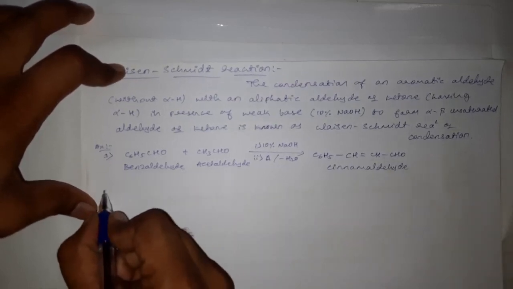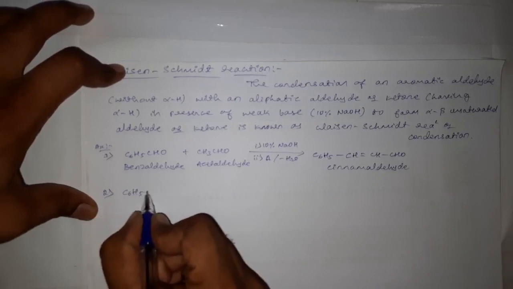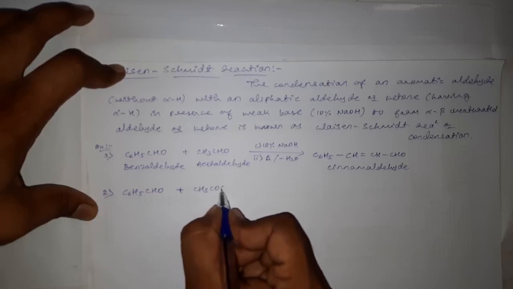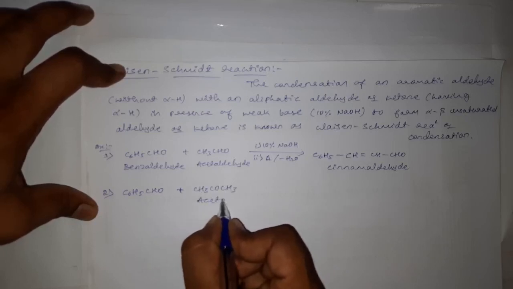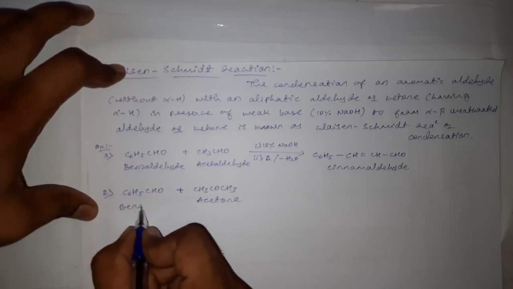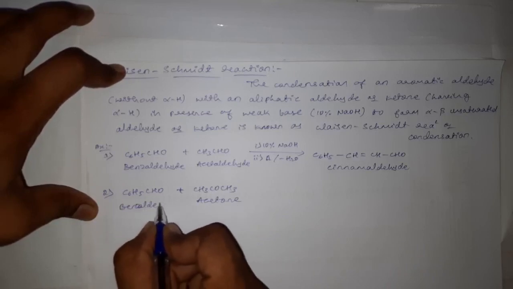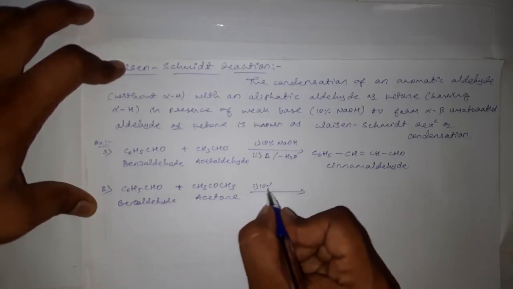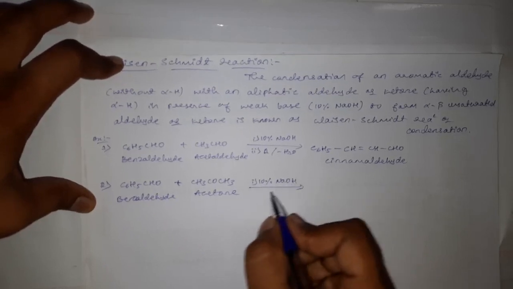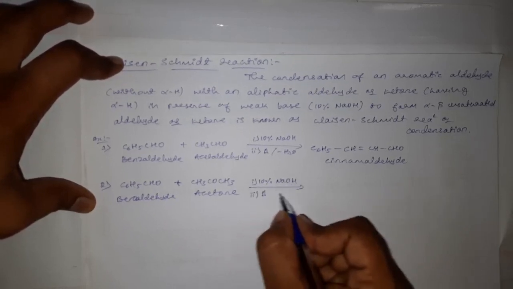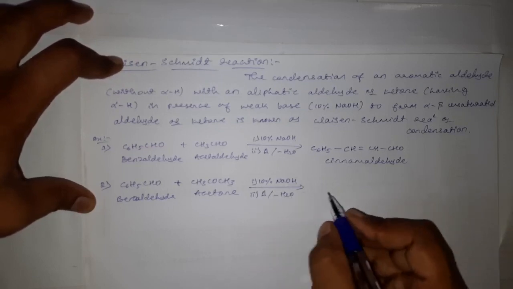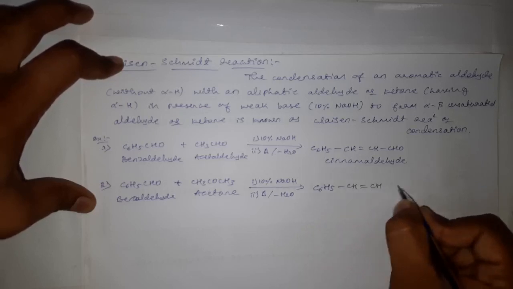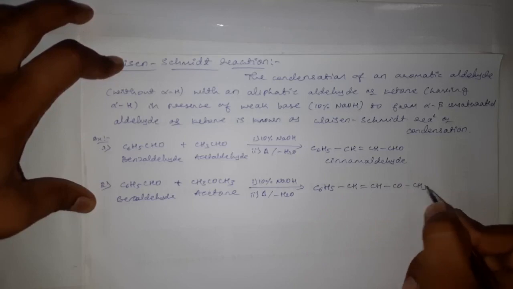Or we can take benzaldehyde, C6H5CHO, treated with acetone, CH3COCH3. In the presence of 10% sodium hydroxide, that is dilute sodium hydroxide, followed by heating, it will undergo a condensation to form C6H5CH=CHCOCH3.